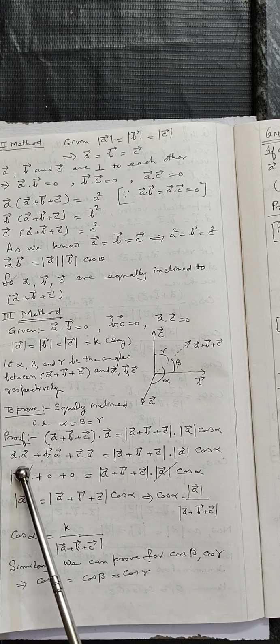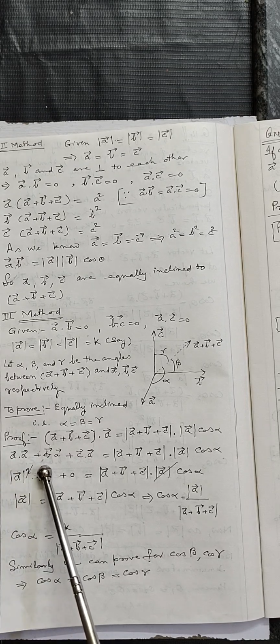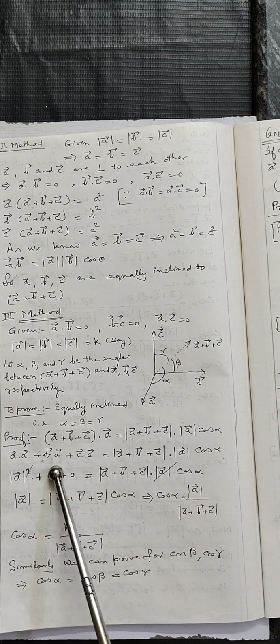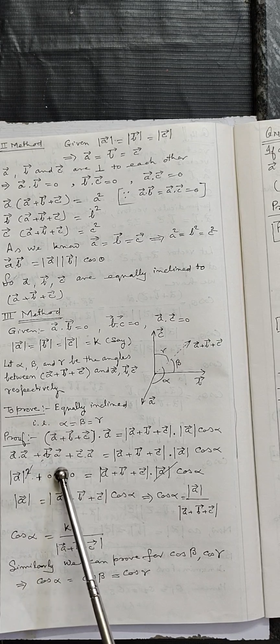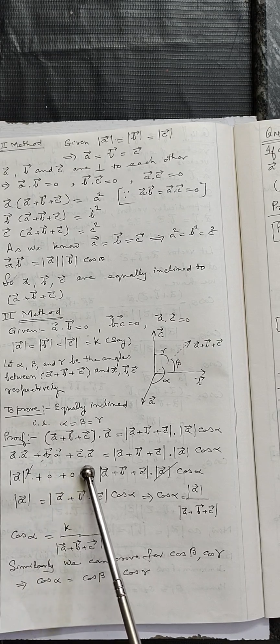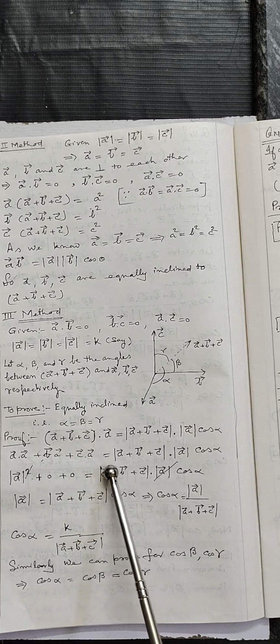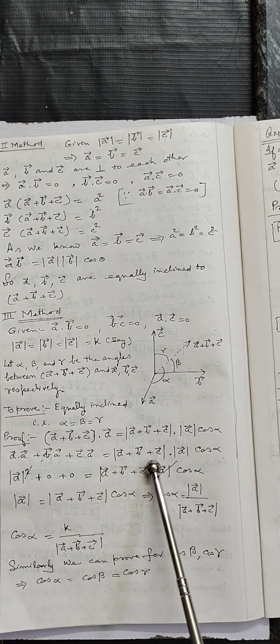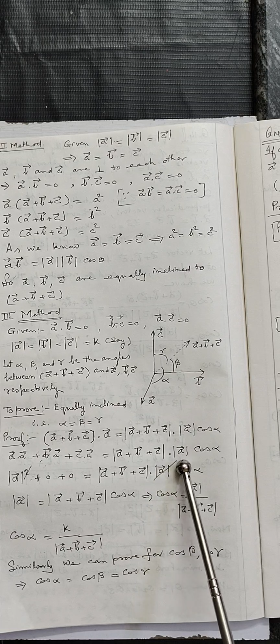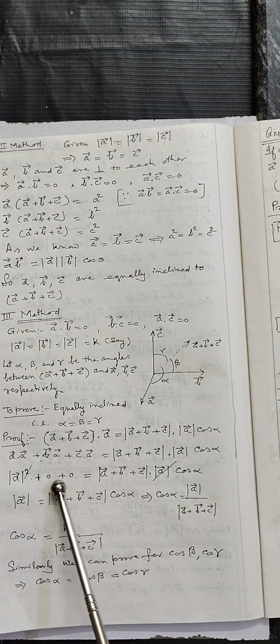Vector A dot vector A plus vector B dot vector A plus vector C dot vector A, and that will be equal to the magnitude of the summation of the vectors dot magnitude of the vector A cos alpha.